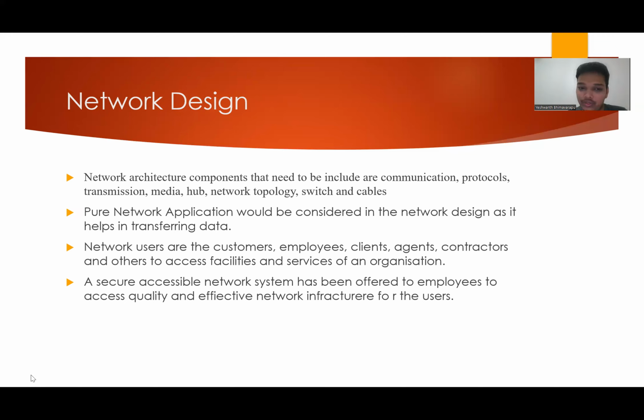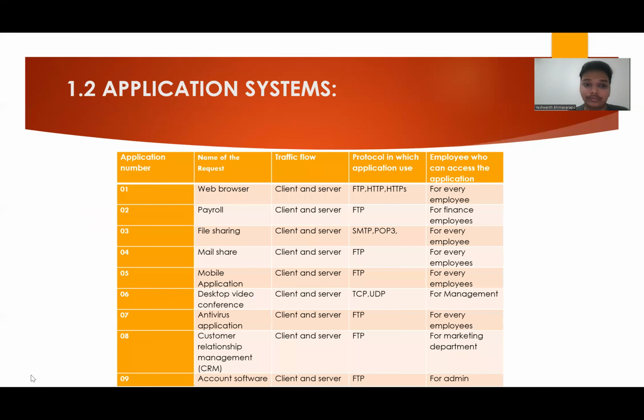These are normal network users who are allowed access to the facilities and services of the organization. A secure, accessible network system is offered to employees so they can access a quality and effective network structure.